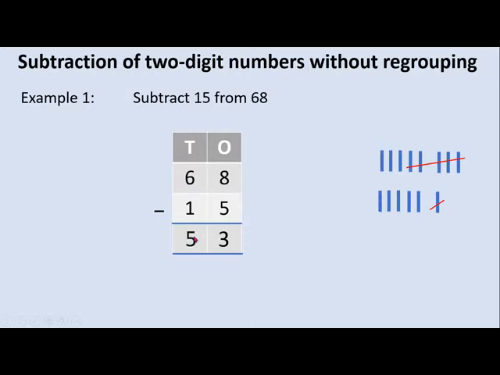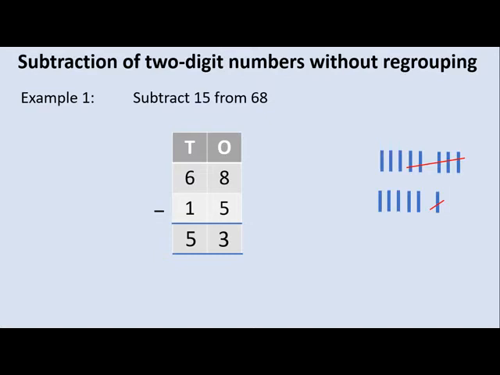Therefore, the difference between 6 and 1 is 5. So together, 68 minus 15 is equal to 53, or the difference when 15 is subtracted from 68 is 53. So like this, you can subtract a number from another number.